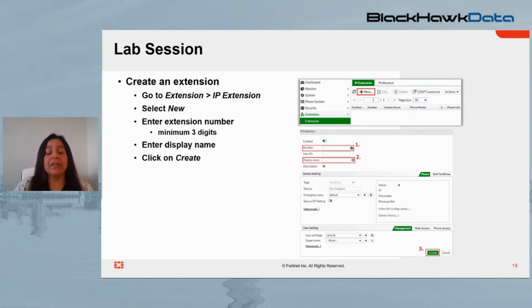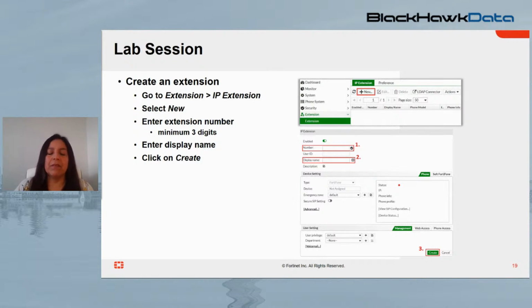The first step that you're going to take is to create a brand new extension. So from the menu on the left, you're going to choose extension, and then IP extension. You're going to click on new and then enter a new extension number. So with the extension number, the length of that minimum is 3 digits. Maximum, I believe, is like 15, 16 digits. So again, you have that flexibility if there's a need for that.